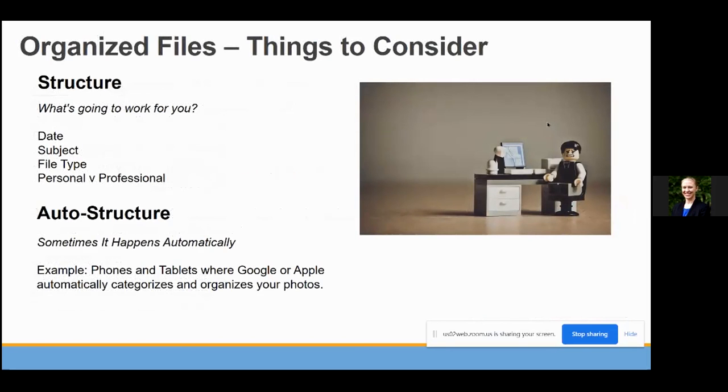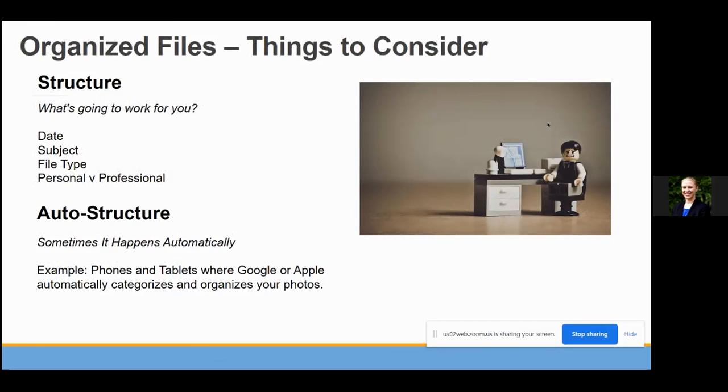What is your structure? What's going to work for you? Is it easier for you to organize your files by the date that something happened, or the subject, or the type of file? Maybe you'll put all your Microsoft Word documents together in one folder labeled Documents, like you already have on the computer as one of the defaults.